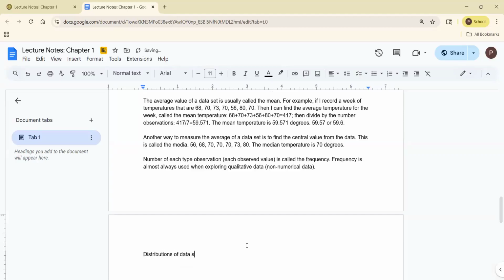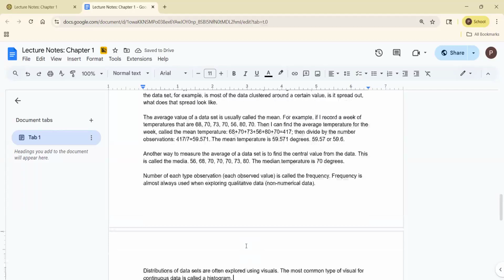Distributions of data sets are often explored using visuals. The most common type of visual for continuous data is called a histogram. We're going to get into this more in a later lecture video.